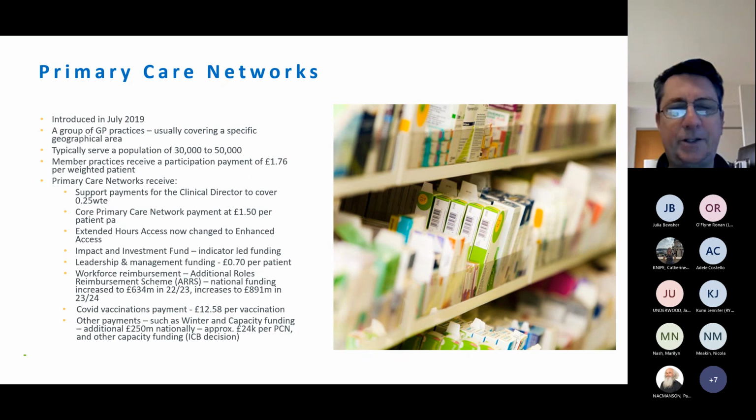There are outliers, and some very big primary care networks are over 100,000, but it tends to be around that 30 to 50,000 patient block, with anything between 4 and 8 practices in that arrangement.